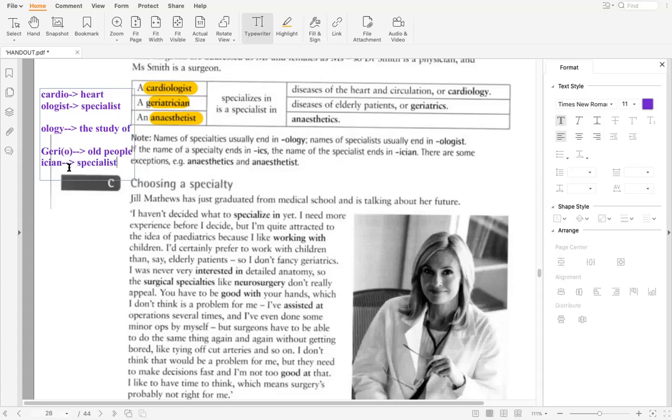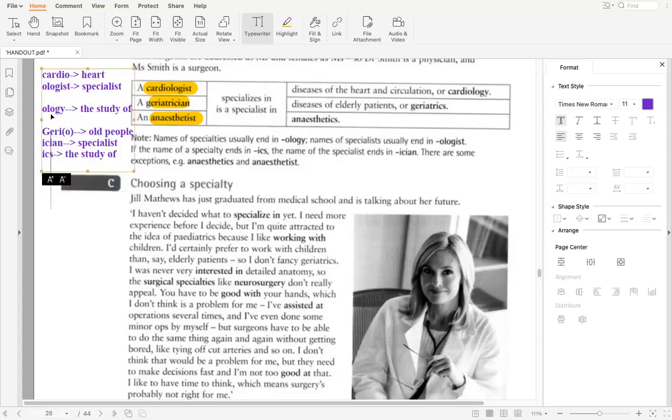So geriatrician is a doctor who is specialized in the diseases of elderly patients, right? And the noun is geriatrics. ics refers to the study of. Right? So we have ology means the study of, and we have ics means the study of.